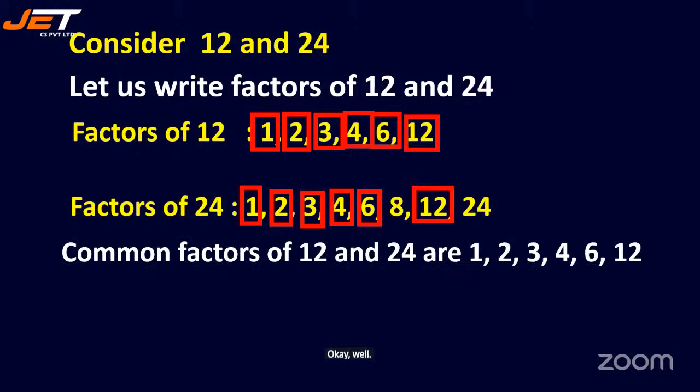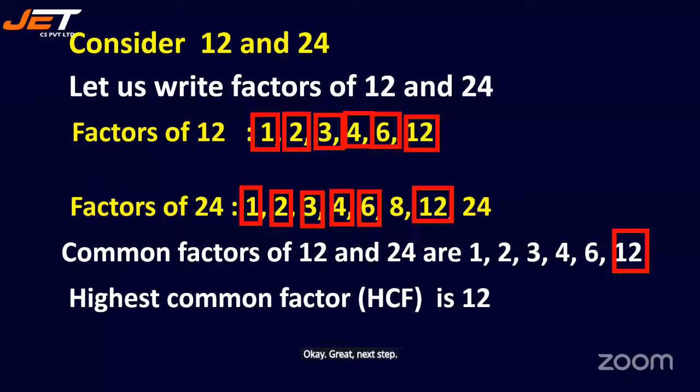So the common factors of 12 and 24 are 1, 2, 3, 4, 6, and 12. Next, 12 is the highest common factor, HCF. So hope it's clear.